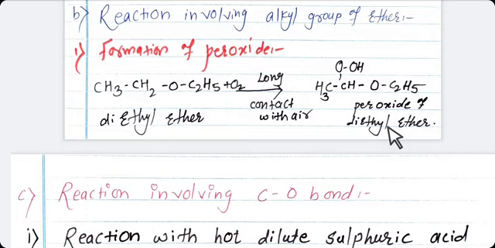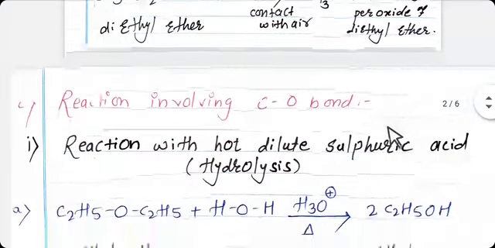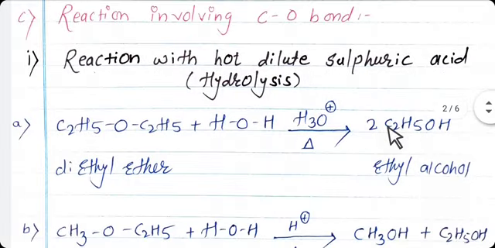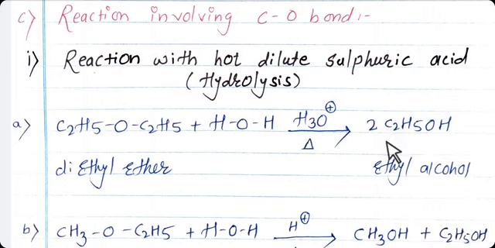This is a very undesirable reaction. Peroxides are hazardous because they decompose violently at high temperature. And in this reaction, ether undergoes acidic hydrolysis, or when ether is heated with dilute sulfuric acid it undergoes hydrolysis to form either alcohol or phenol.